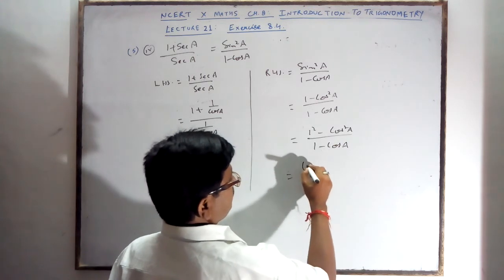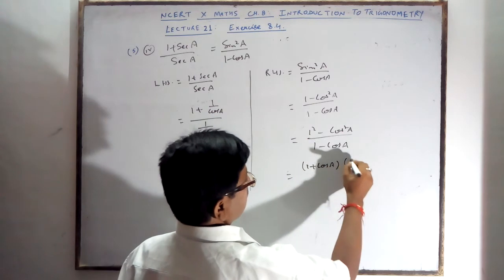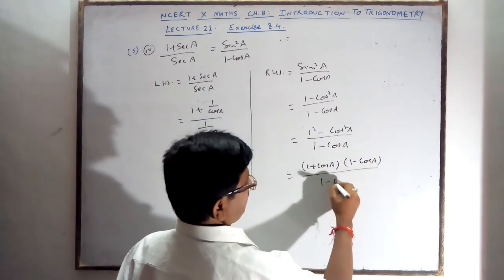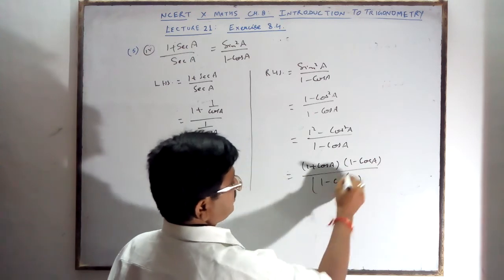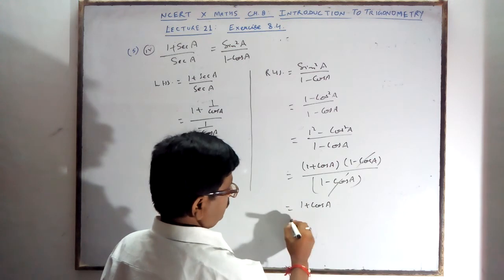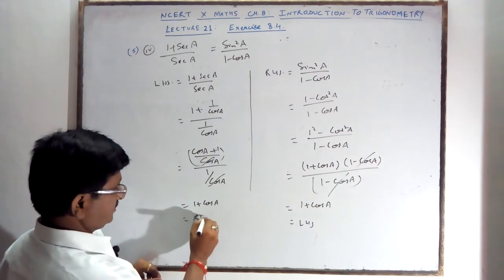Factorize by the identity a plus b, a minus b: 1 plus cos a in one bracket, 1 minus cos a in another bracket, and here also 1 minus cos a. This bracket is cancelled, and you are getting here the same as the LHS. Here you are getting RHS.